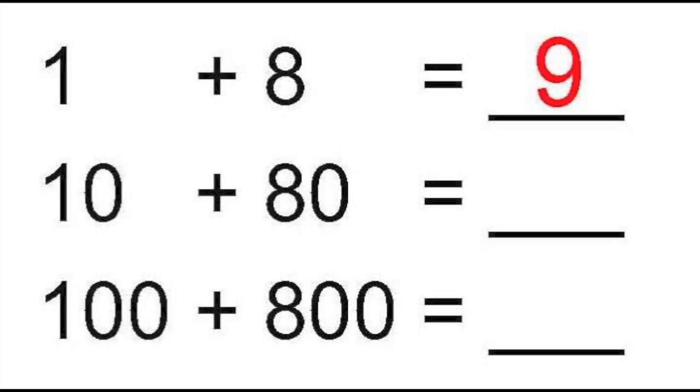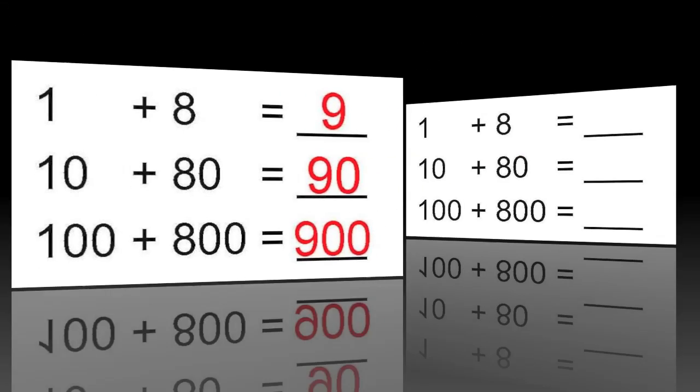So next we have 10 plus 80, or 1 ten plus 8 tens, which equals 9 tens. So 10 plus 80 equals 90. Following that is 100 plus 800, or 1 hundred plus 8 hundreds, which equals 9 hundreds. So 100 plus 800 equals 900.